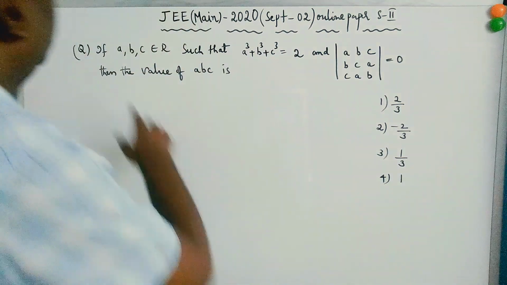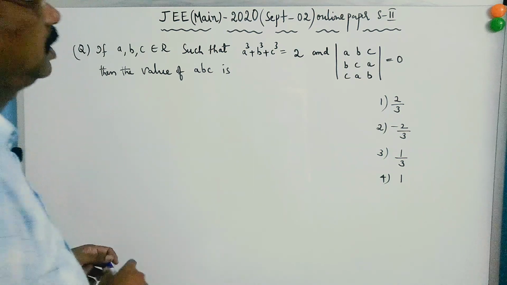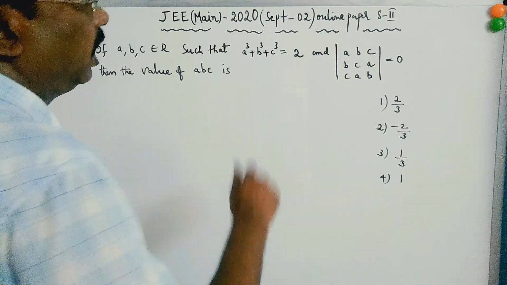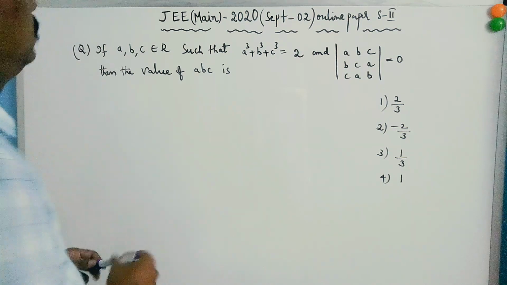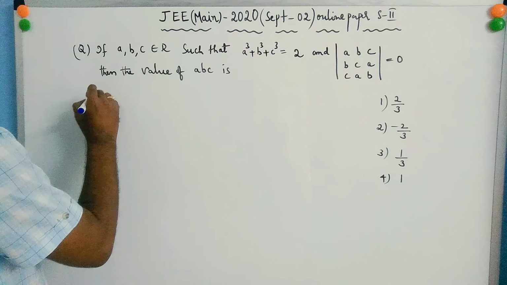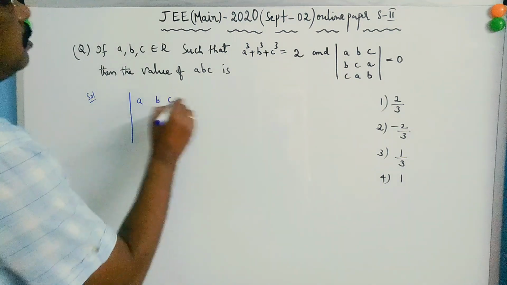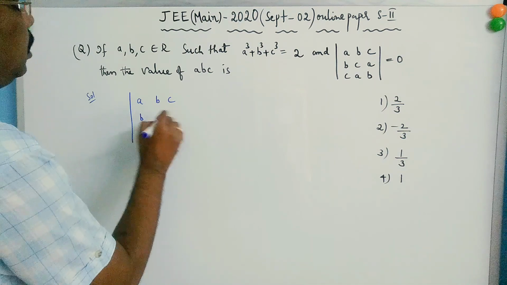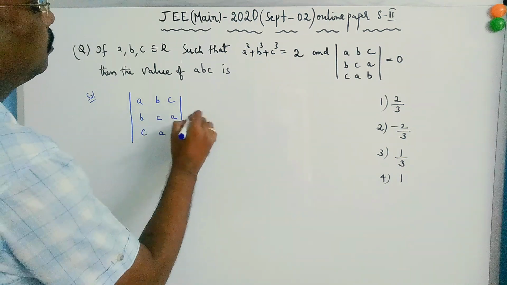Next one, if a, b, c belong to R such that a cube plus b cube plus c cube equal to 2 and det of abc, bca, cab equal to 0, then the value of abc. Now, det of abc, bca, cab is equal to 0.